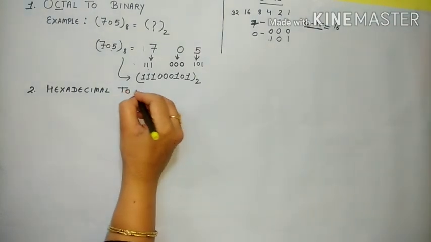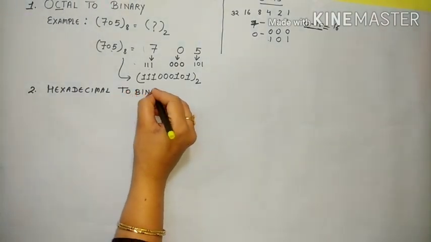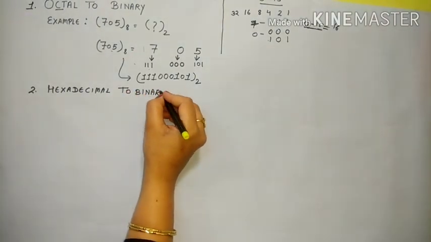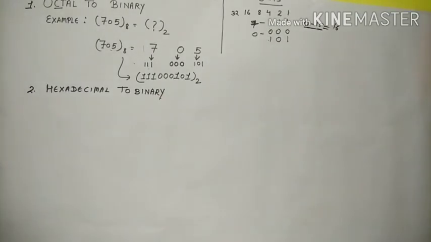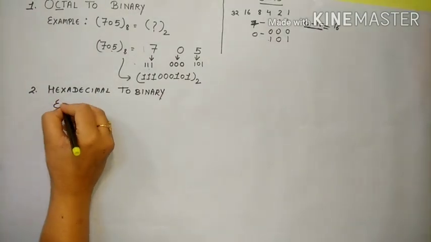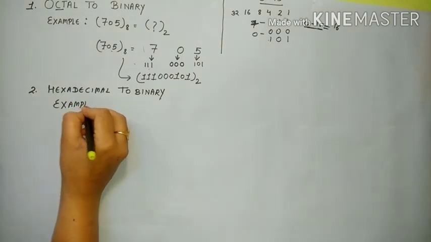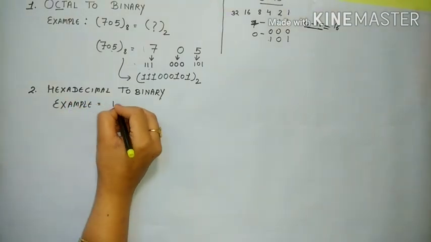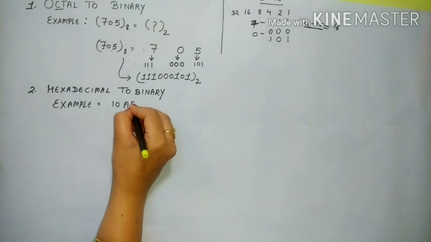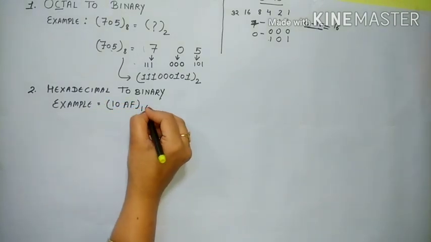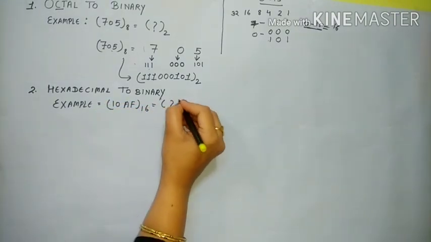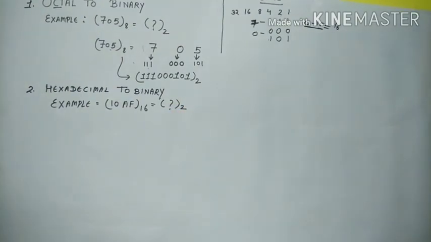Hexadecimal to binary. I am taking the example which is given in your book. I had shown it through this presentation also, the same example. It is 10AF to the base 16 and we have to convert it to base 2. Clear?